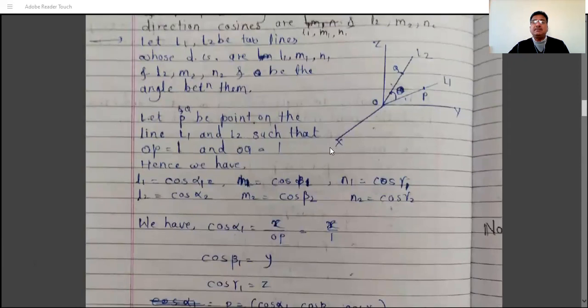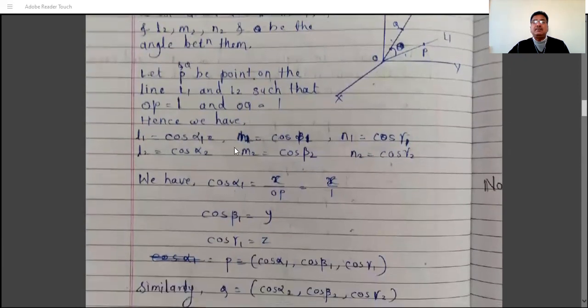Suppose alpha 1, beta 1 and gamma 1 are the direction angles of line OP, and alpha 2, beta 2 and gamma 2 are the direction angles of line OQ. Then l1 is cos alpha 1, m1 is cos beta 1 and n1 is cos gamma 1, and l2 is cos alpha 2, m2 is cos beta 2, n2 is cos gamma 2.